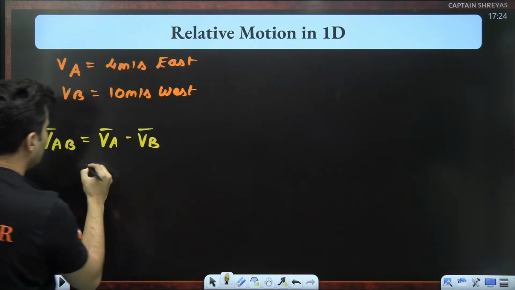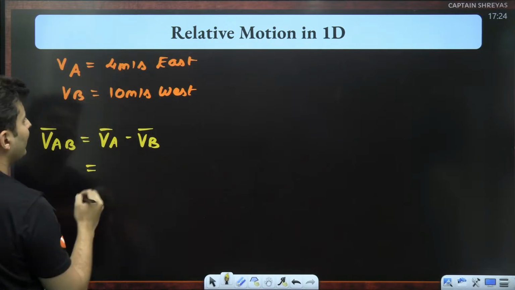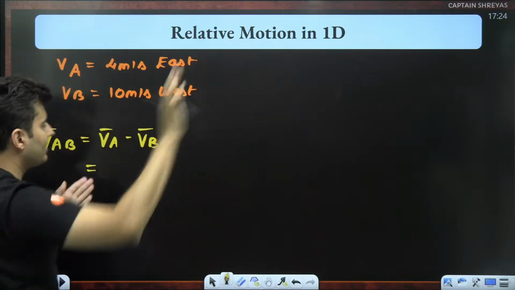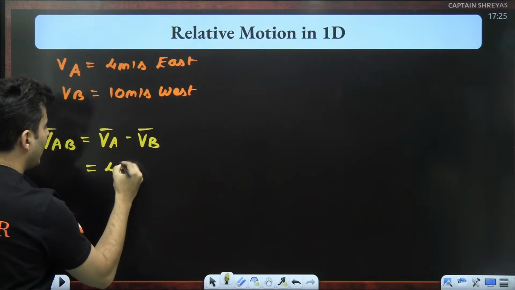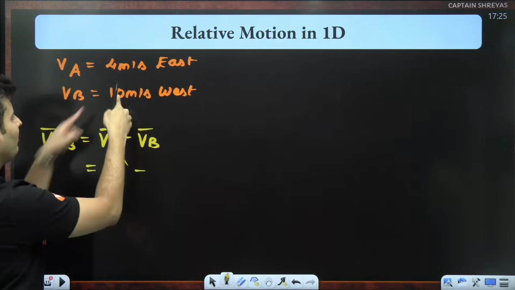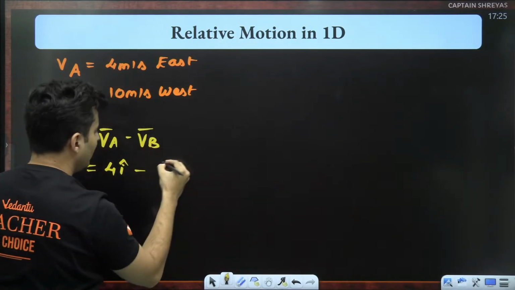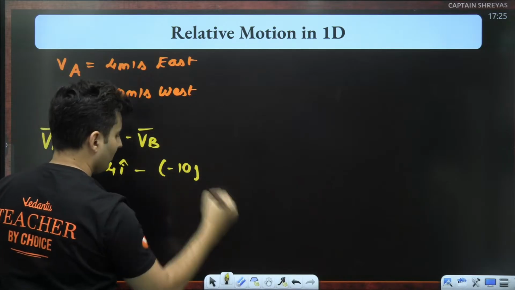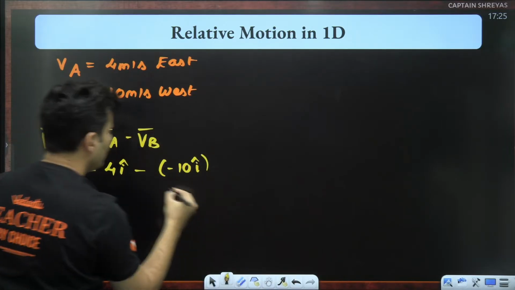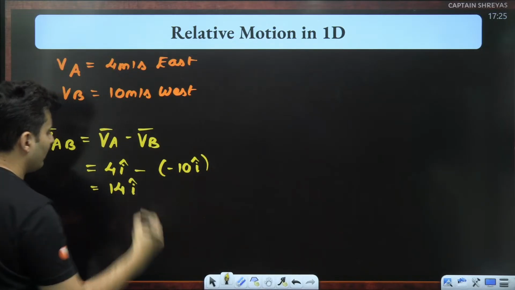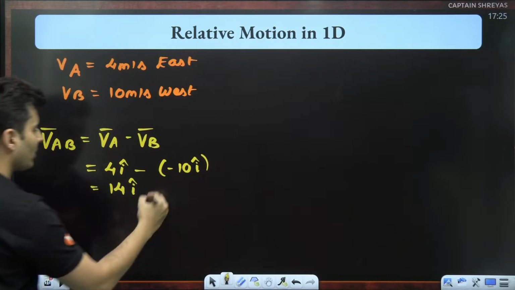Think about it. VA, velocity of car A, is going towards the east, let's say, right side. So it will be 4 i cap minus velocity of B, 10 meters per second, west side. West is, let's say, towards the left. So it will be minus 10 i cap. So minus minus becomes plus. So it will just become 14 i cap meters per second.